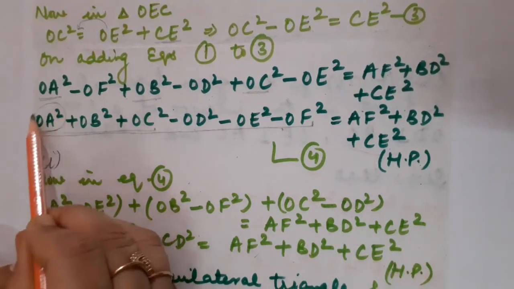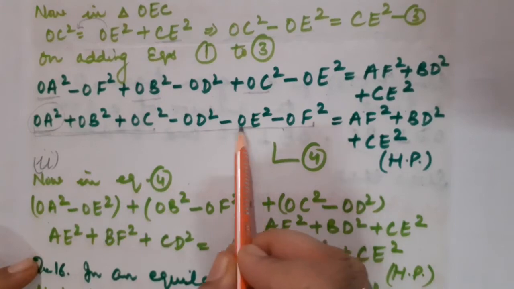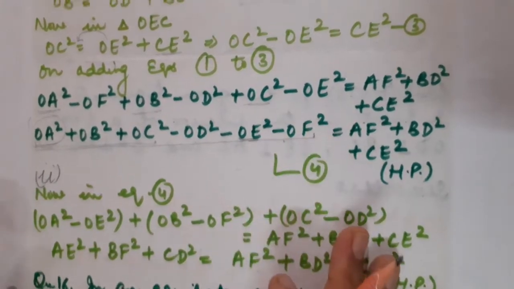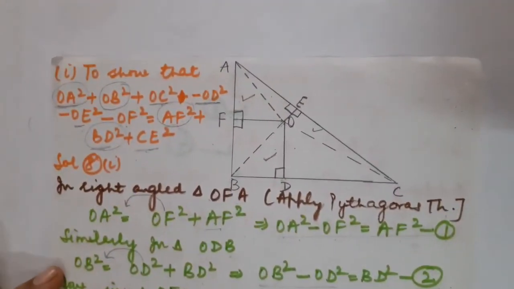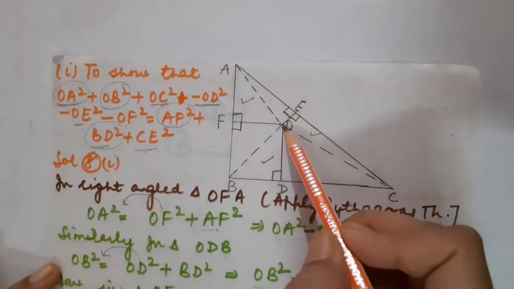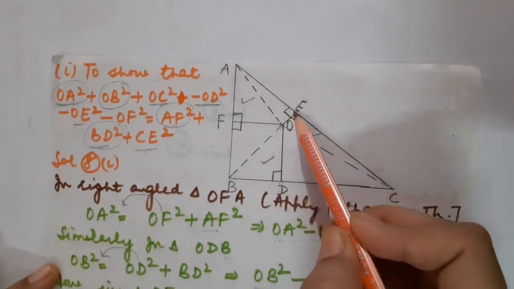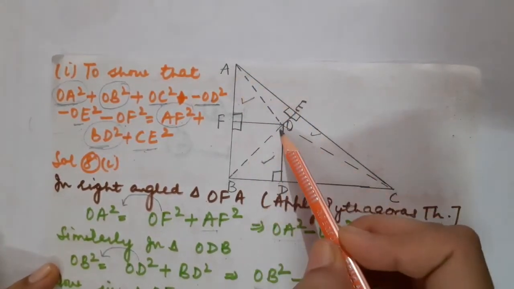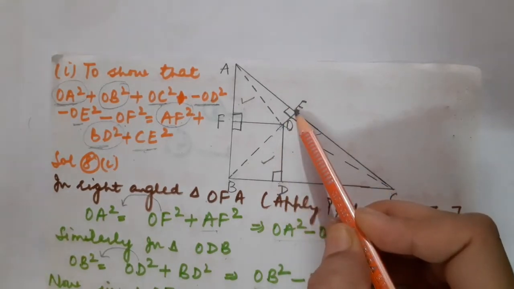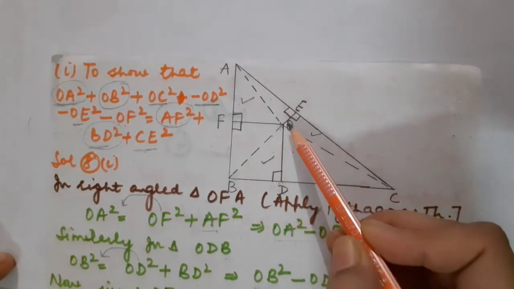So what kind of pairing is made by me? I have written OA square minus OE square. So let us check in the diagram. This is OA square minus OE square, here OE square is basically altitude square. Hypotenuse square minus altitude square is equal to what?